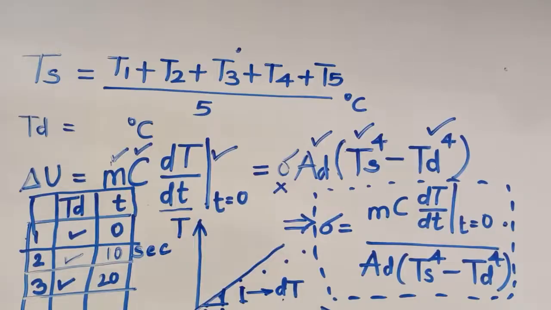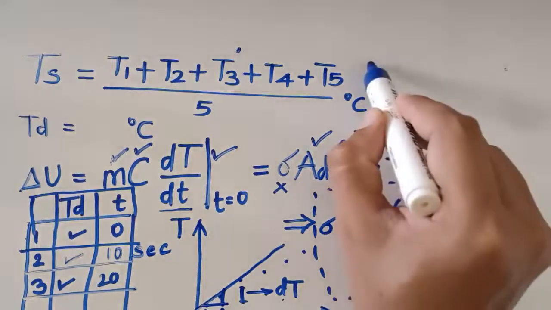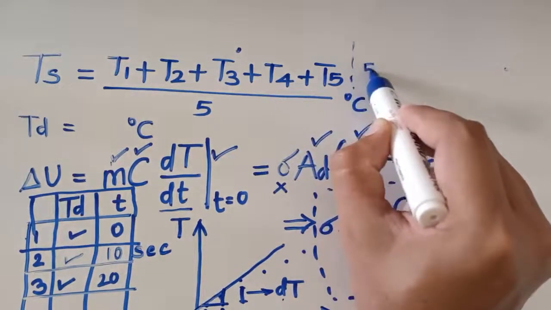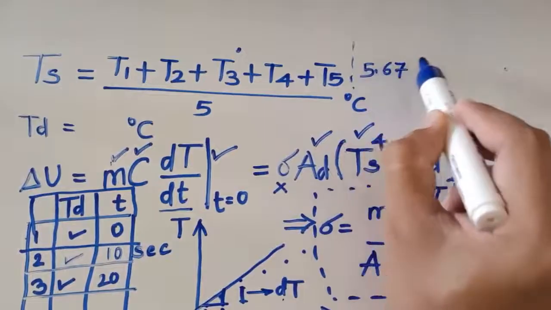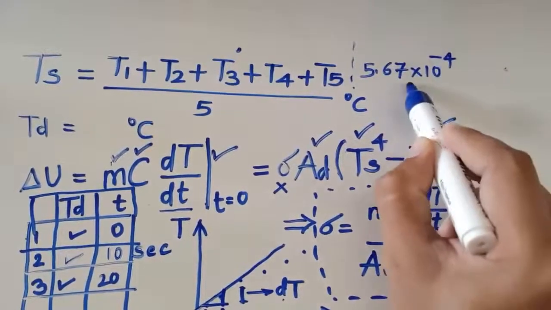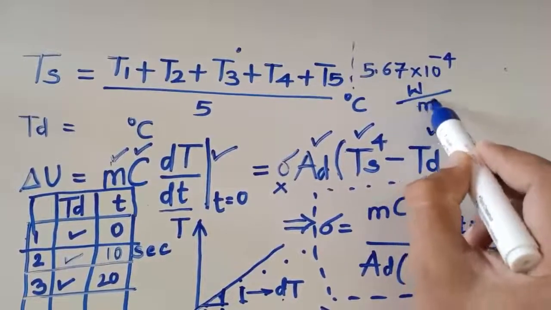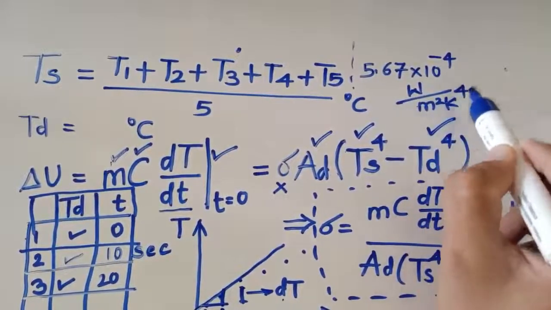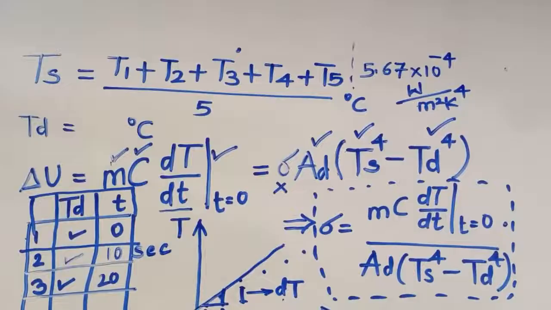So remember, this value will be slightly different. Actually, it can be significantly different from your theoretical value of 5.67. We know that the theoretical value is 5.67 into 10 raised to minus 4 watt per meter square Kelvin raised to 4. It will be different from this value.